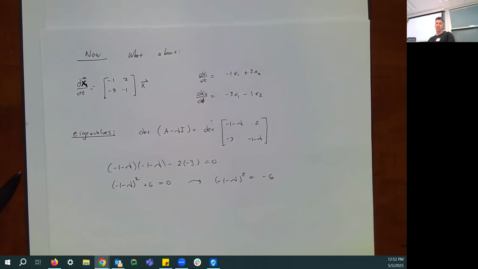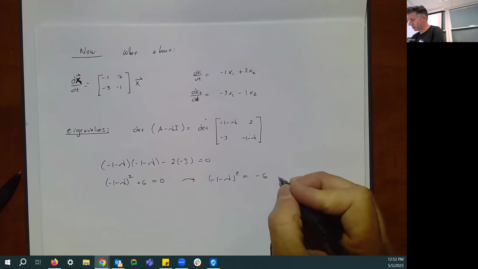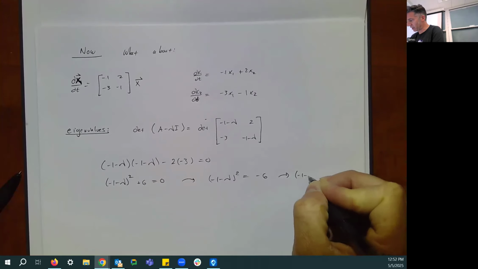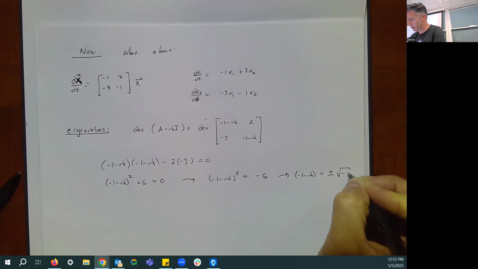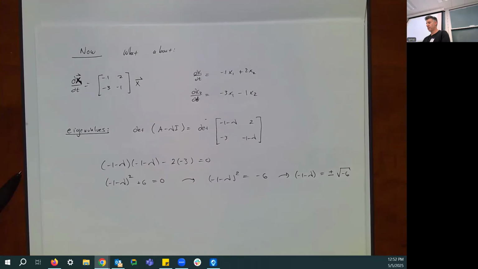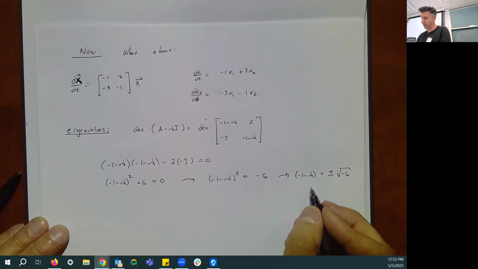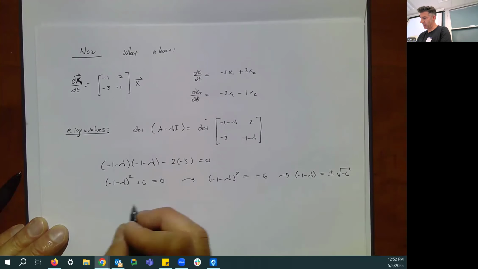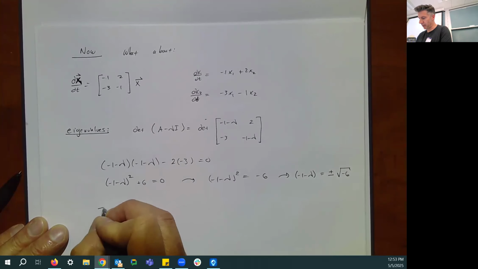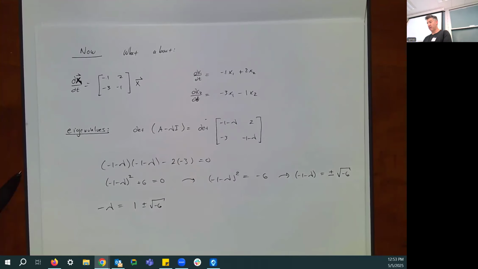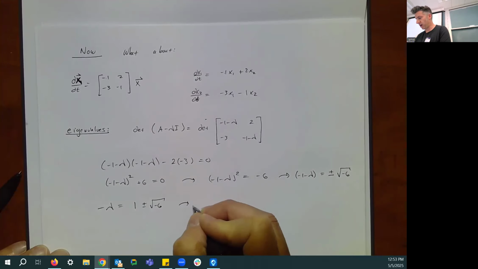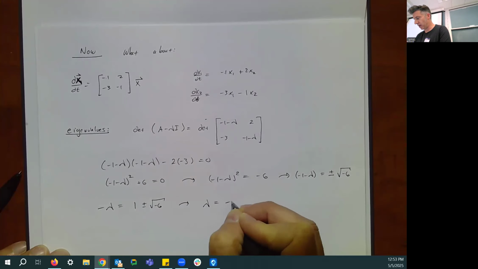And here's where things do get a little bit unfortunate. We have to square root that -6. So we're going to get -1 minus lambda equal to plus or minus the square root of -6. And then we can rewrite this as negative lambda equal to 1 plus or minus the square root of -6. And then multiplying both sides by -1, we get positive lambda equal to -1.